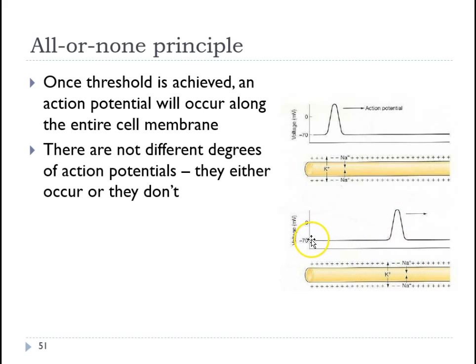So this wave is moving from one side of the axon, eventually all the way to the other side. It's doing it in a small wave, and that's the only place that we see this depolarization event occurring. Everywhere else, it's polarized.